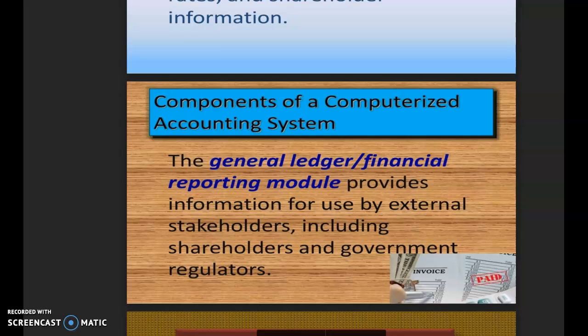External users include financial institutions, shareholders, government, regulators, controllers, academic institutions, and other parties also. So under this important component, the accounting information system generates various types of reports and statements through which the result is depicted, or through which other information, depending upon the requirement of the user, can be given. And the journal ledger or the financial reporting module helps and supports the various other aspects of the financial system.